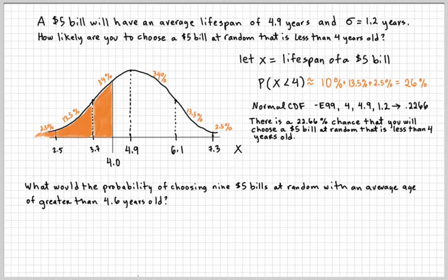They're asking you, if you do choose 9 at random, will your average be greater than 4.6 years old? Again, it is a bit silly, but think about it. How do you describe what thing in statistics?